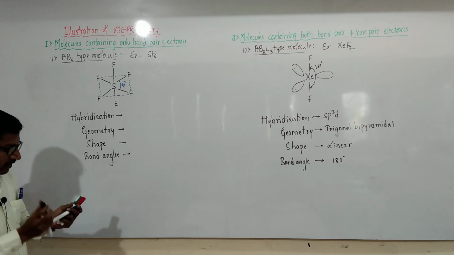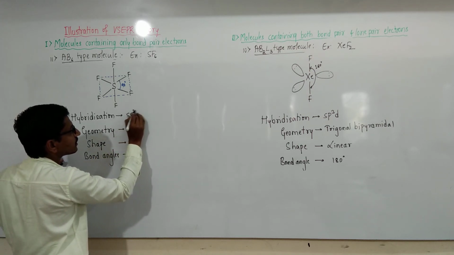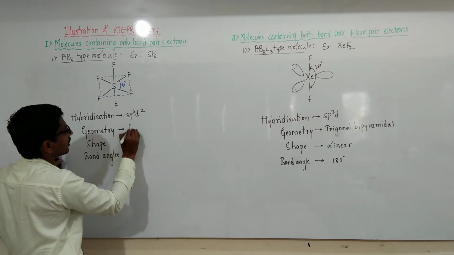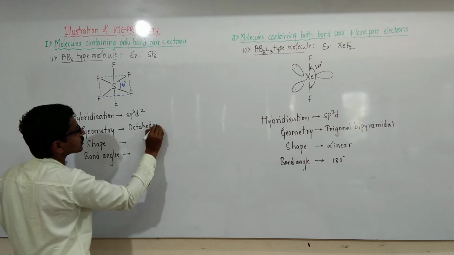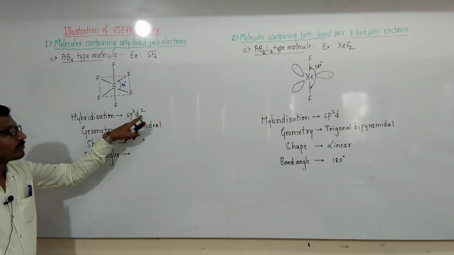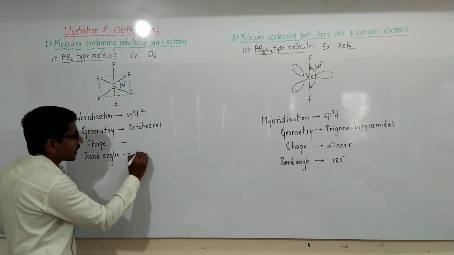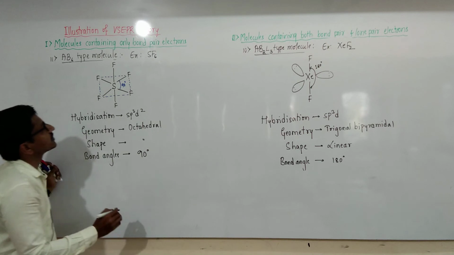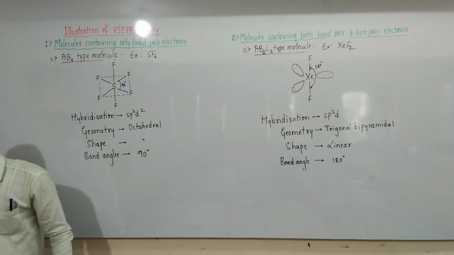Hybridization is sp3d2, geometry is octahedral. Shape is also the same, and bond angle is 90 degree. This is SF6, that is AB6 type of molecule.